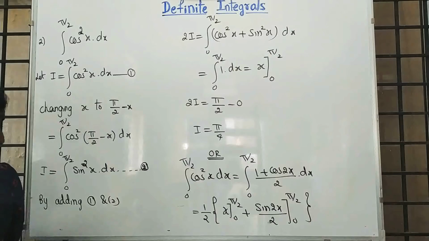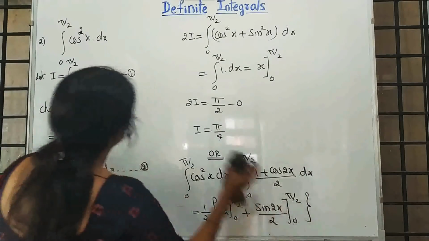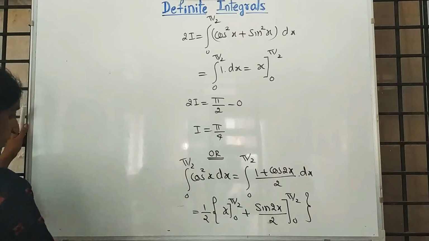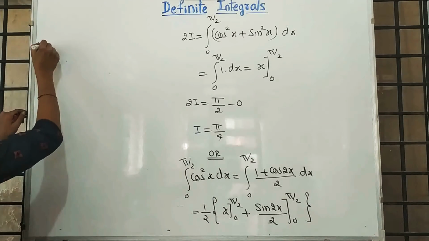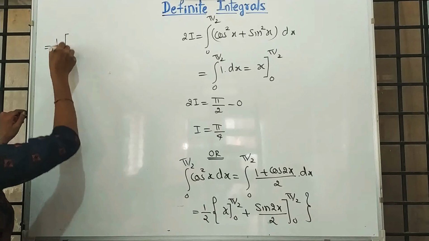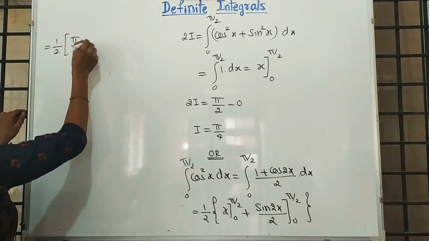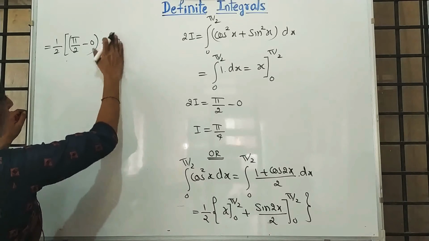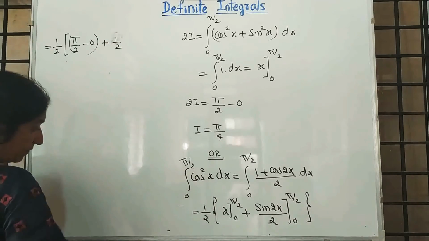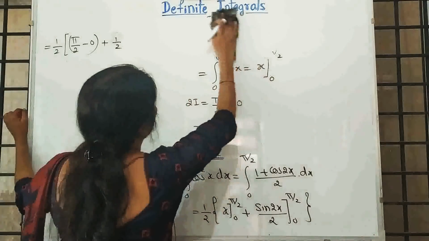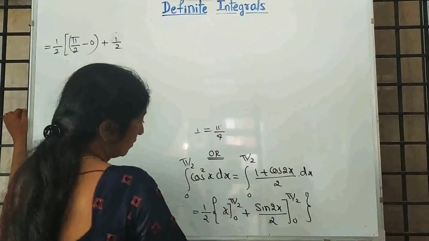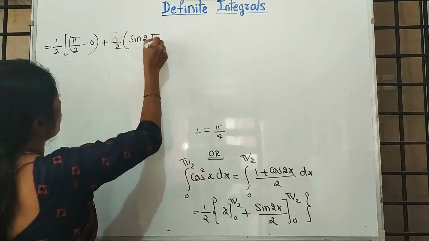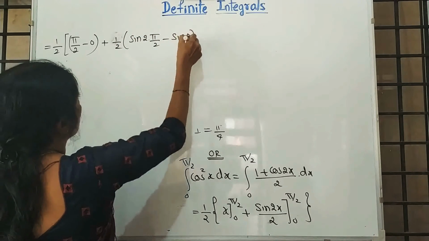Now write down the values. Write down the upper limit and lower limit in both. So this is 1 by 2, this is pi by 2 minus 0 and plus, I am writing 1 by 2 outside, in place of sin 2x, sin 2 into pi by 2 minus sin 0.